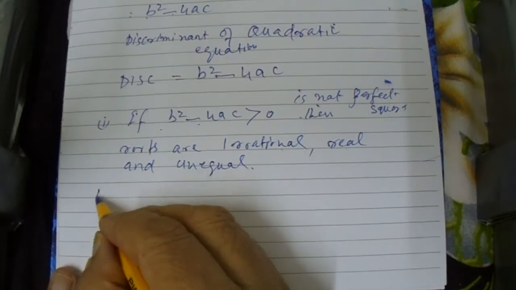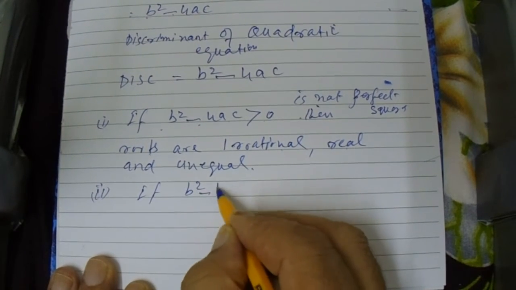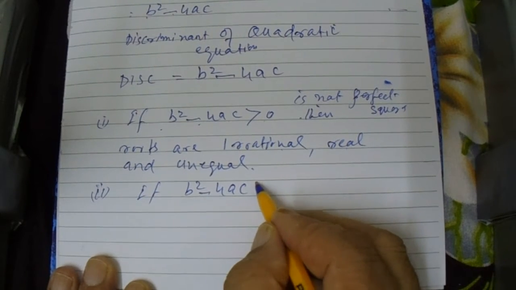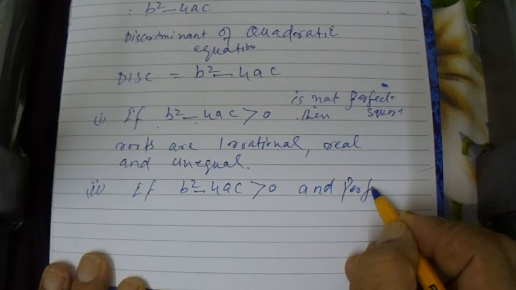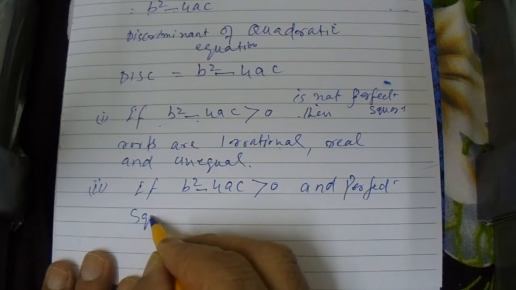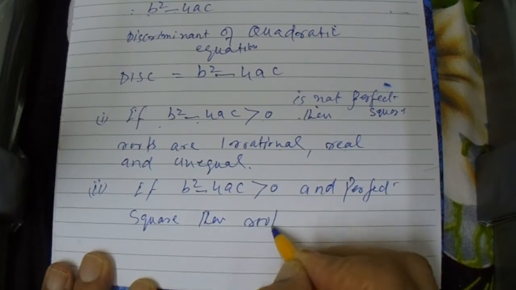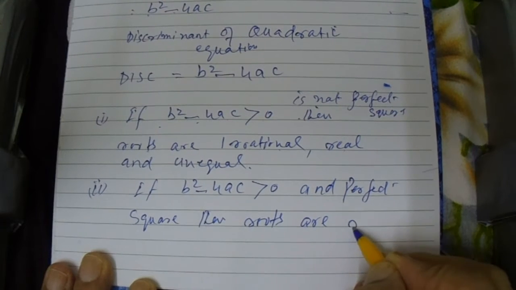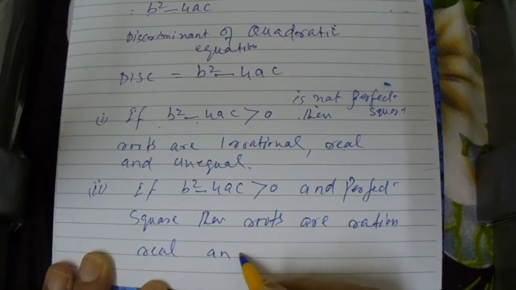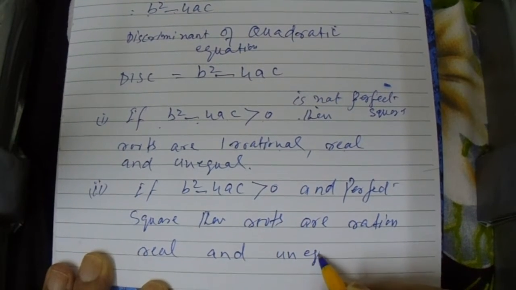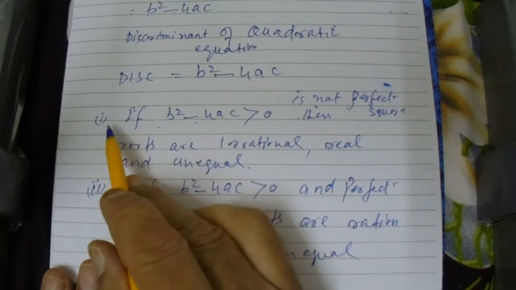Now the second is, if b square minus 4ac is greater than 0 and a perfect square, then the roots are rational, real and unequal. We have discussed two types of roots.